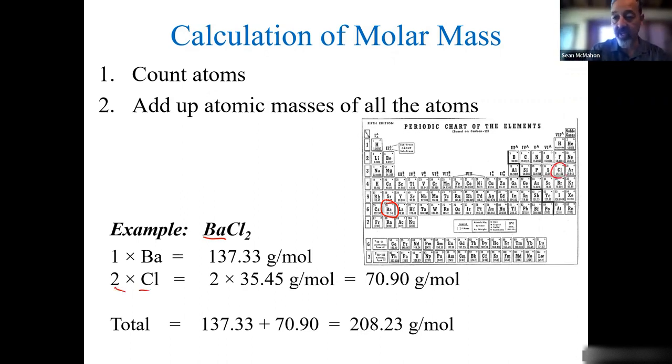Each chloride is 35.45. Again, I'm recommending going to the hundredths place. 2 times 35.45 is 70.9. When I add these together, I get 208.23 grams per mole. So I would have to weigh out 208.23 grams to get 1 mole of barium chloride.